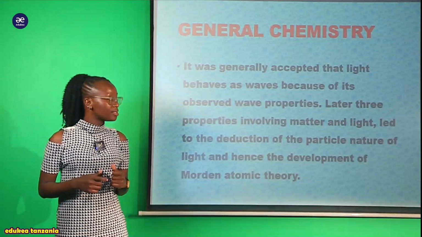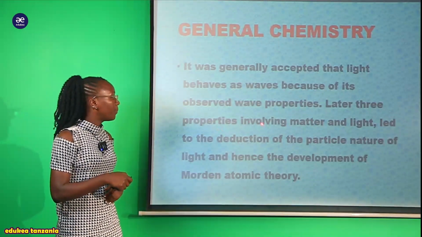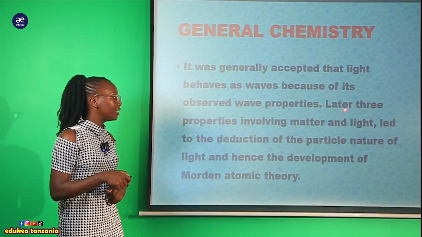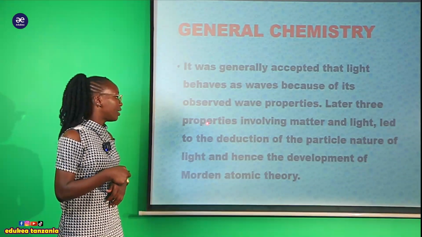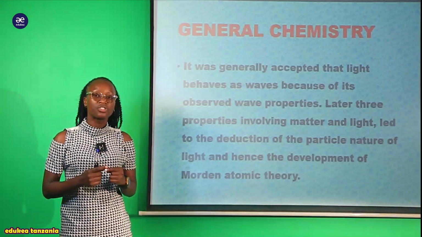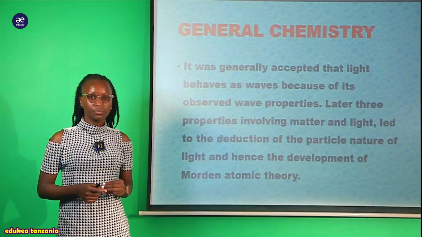So my students, you can see that later on, the three properties involving matter and light lead to the deduction of the particle nature of light. Deduction of particle nature of light. The only three properties.